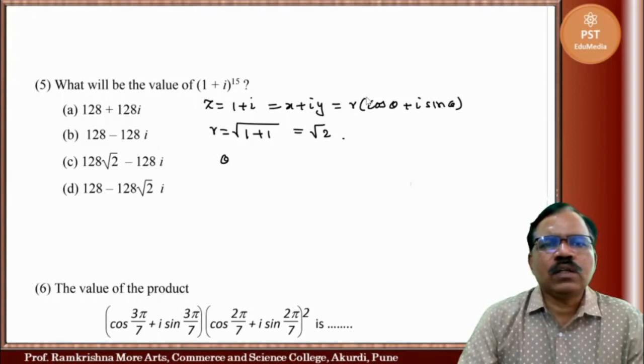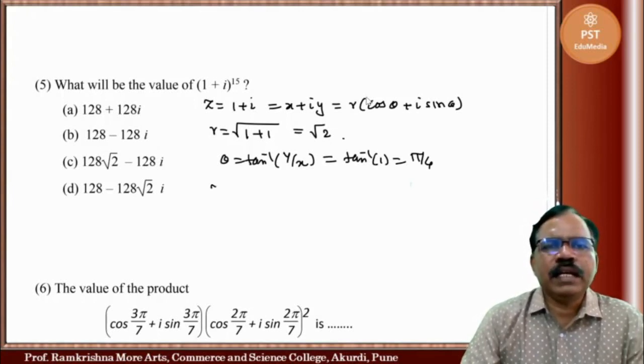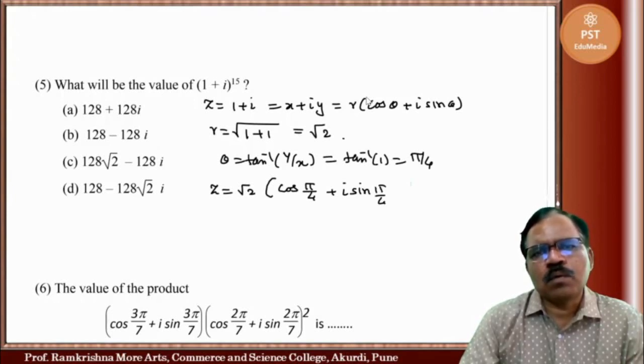And theta is equal to what? Tan inverse of y by x, so it is equal to tan inverse of 1 by 1, which is pi by 4. So we get z is equal to root 2 in bracket cos pi by 4 plus i sin pi by 4.